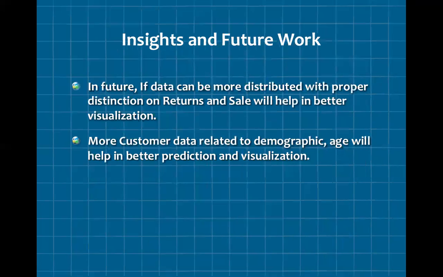So now we'll talk about the insights which we saw in the data. As per our exploratory analysis, we see the correlation among the different properties of the data which we collected, and how in the future we can take this project further forward.